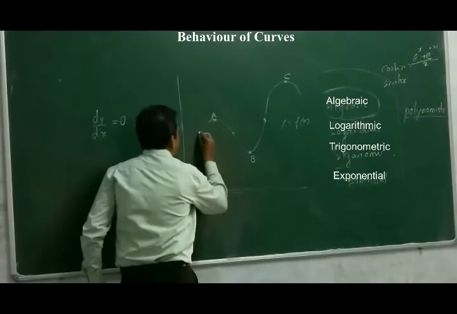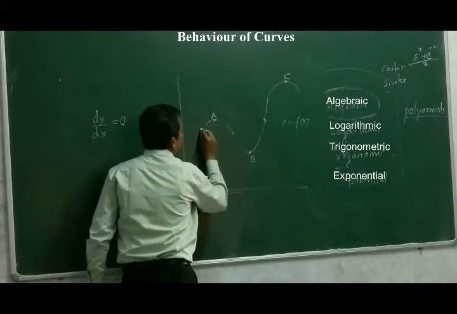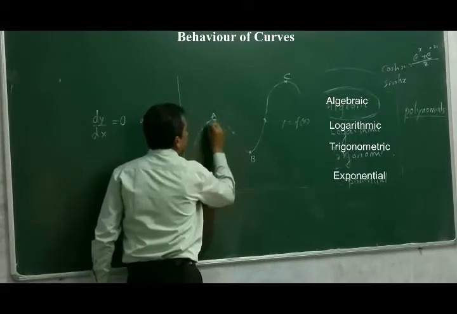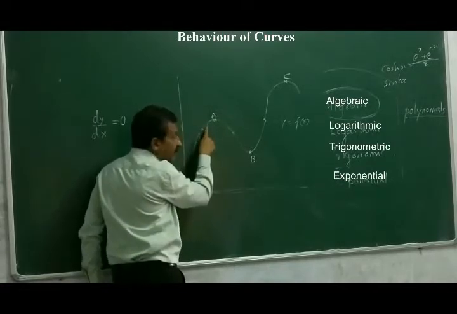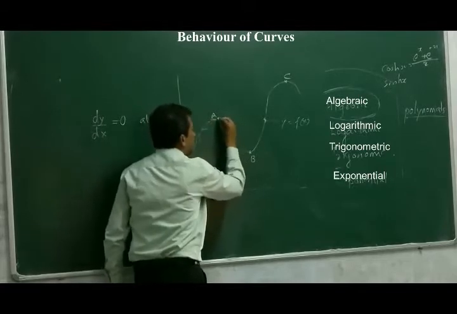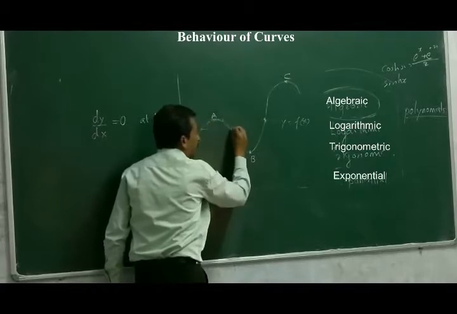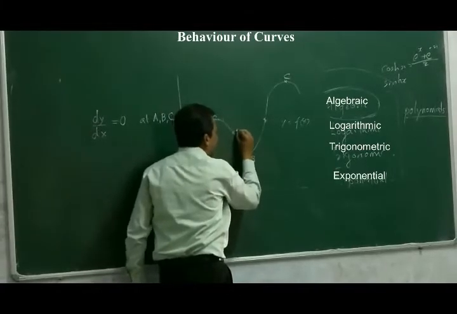Here it's a positive slope. Here also it is a positive slope. Here, positivity is increasing, further increased and becomes 0. Then it goes to the negative side. Negative, higher negative, higher negative.